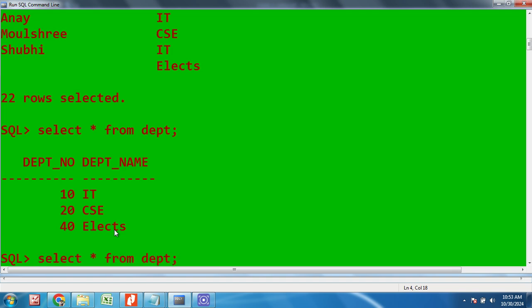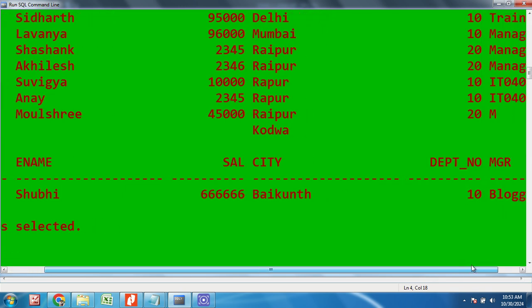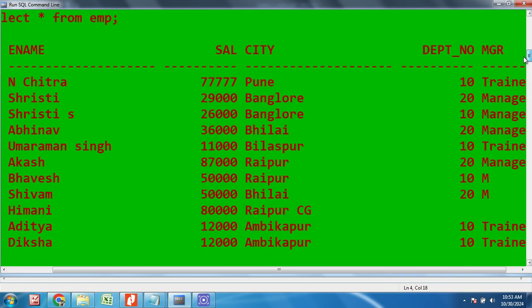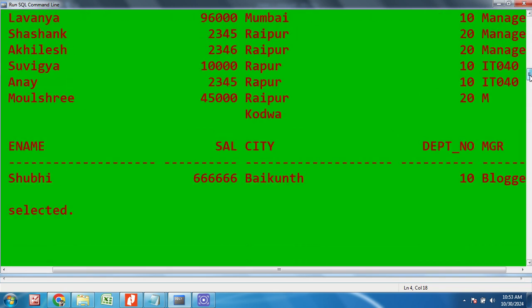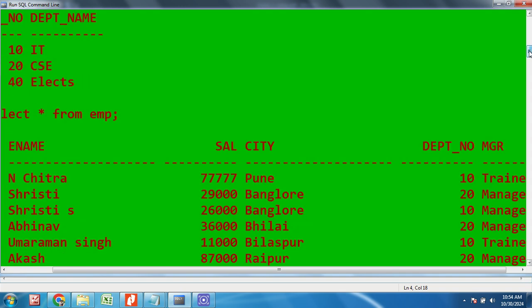If I see the EMP table, no employee has department number as 40. Here only department numbers 10 and 20 are used. But in the department table we have department number 40 electronics. So it is showing me matched value and not matched value of DEPT table.